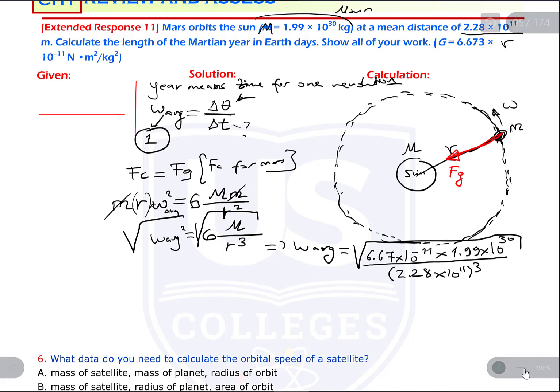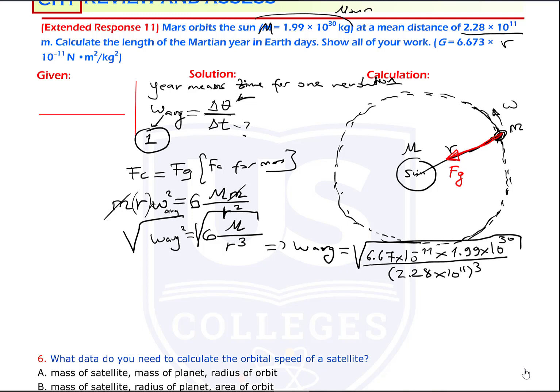Let's calculate them one by one. First, let's calculate inside the root. 6.67 times 10 to the power of negative 11 times, without a bracket, you multiply the numerator all, 1.99 times 10 to the power of 30. The answer equals 1.33 times 10 to the power of 20, divided by, now get into a bracket because in the denominator there's an exponential number.